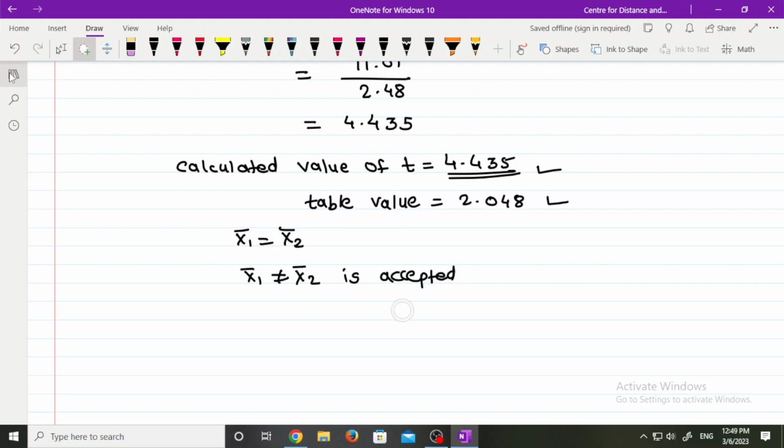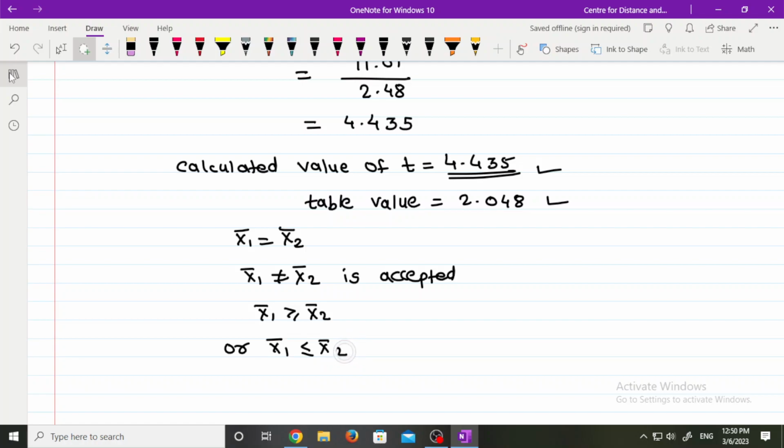Now, as mentioned earlier, when we accept the alternative hypothesis, that is x1 bar is not equal to x2 bar, we also need to comment on which alternative hypothesis from the following we are accepting: either x1 bar is greater than x2 bar, or x1 bar is less than x2 bar. Here x1 bar is the girls' percentage and x2 bar is the boys' percentage.